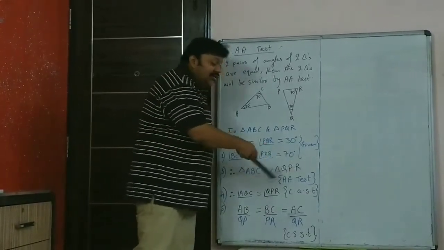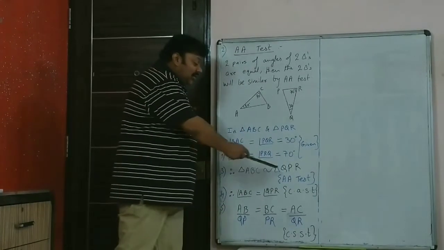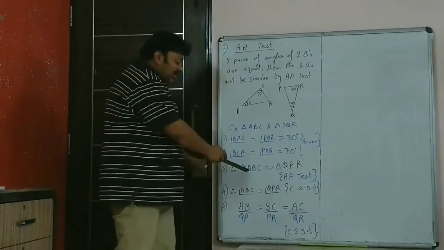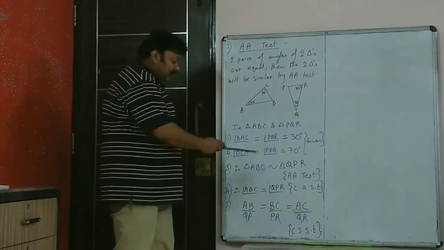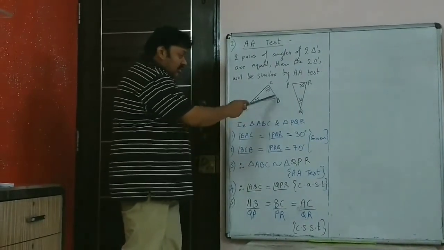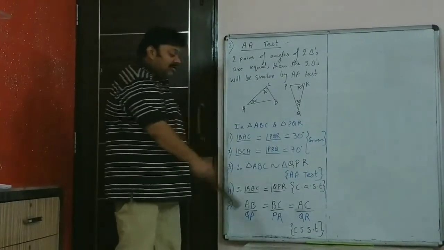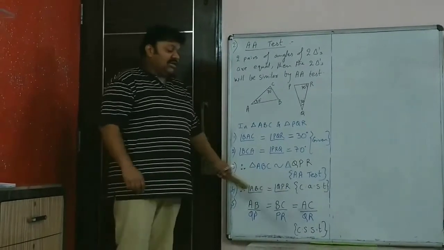Remember, we didn't write here PQR blindly. We had to choose which angles were congruent and accordingly write the pairs of angles: A with Q, first alphabet A and Q, C with R, third alphabet C and R. So B and P automatically will become congruent, they will be the same.